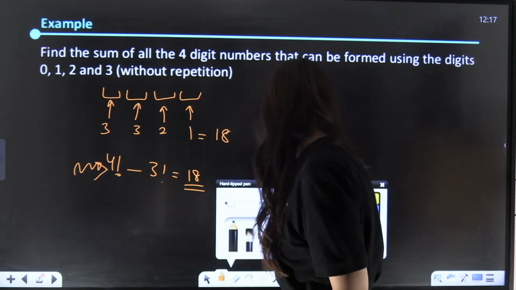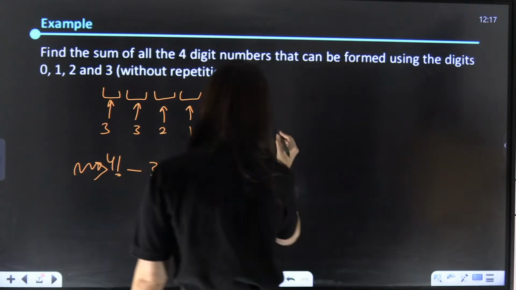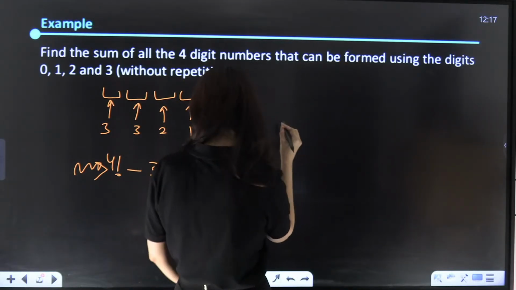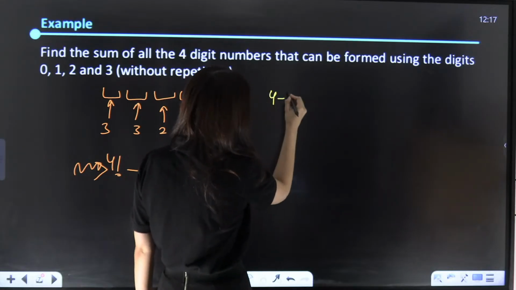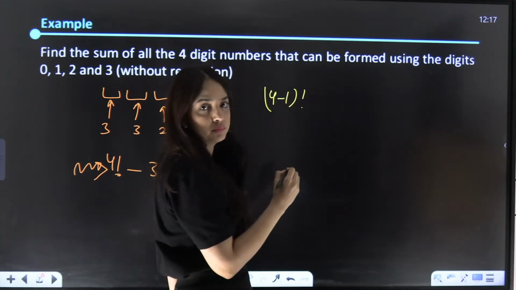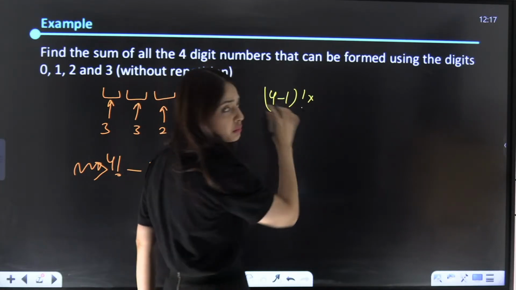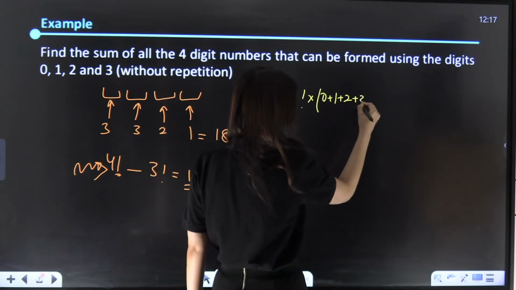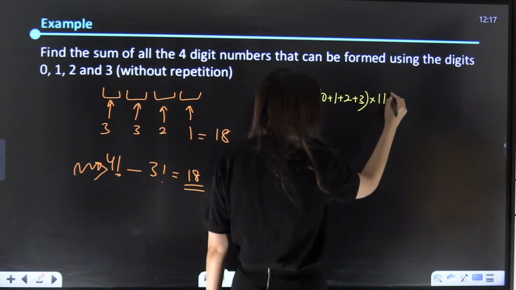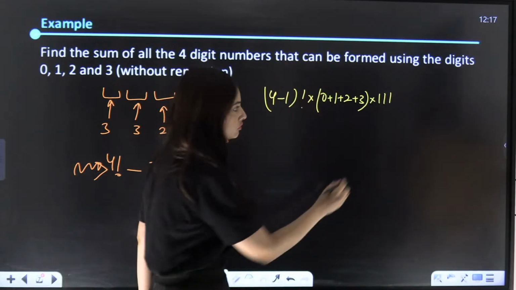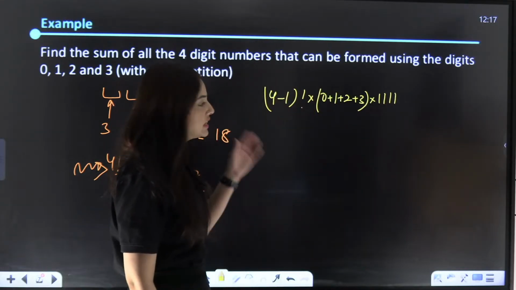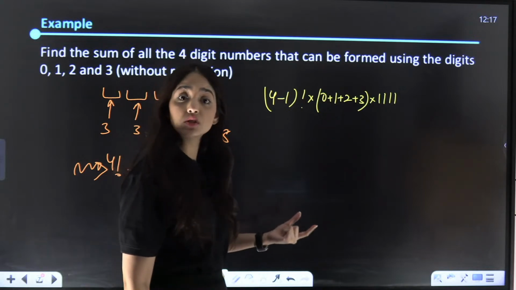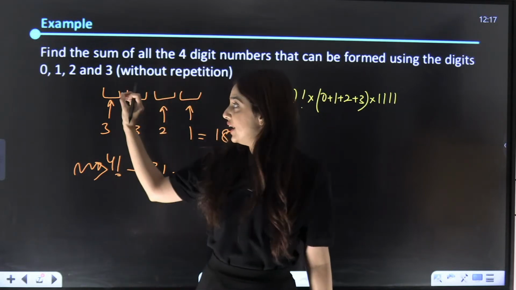Okay? So the total will be 4 minus 1 factorial into sum of all digits 0 plus 1 plus 2 plus 3 into 1, 1, 1. This is the total. Now this is also including numbers where 0 is in the leftmost position.